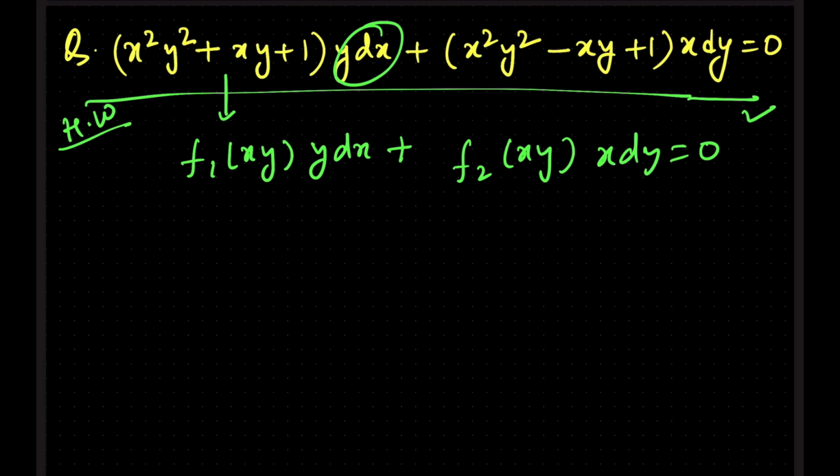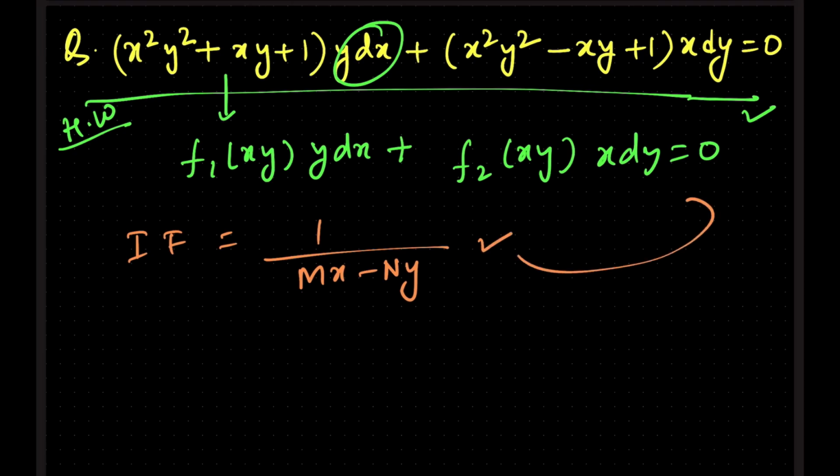You can simply find the integrating factor as 1/(Mx − Ny), multiply this integrating factor with the non-exact differential equation, get the exact differential equation, and finally get the answer. And if you want me to put up the solution of this equation, then you can comment and ask for it.